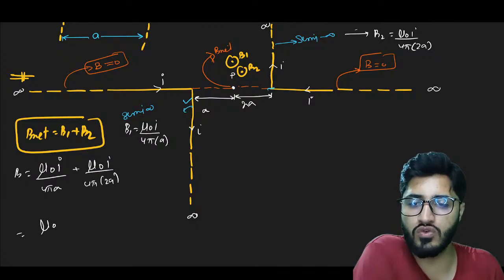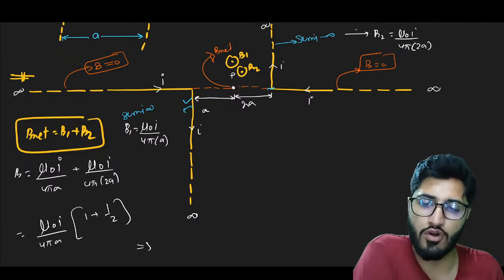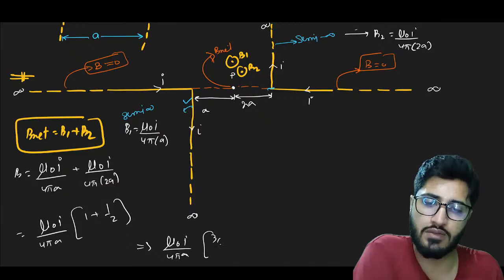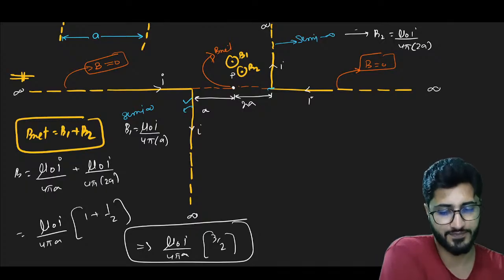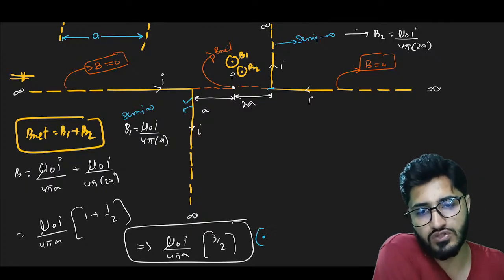I will take mu naught I by 4 pi a common. I have 1 plus 1 by 2. So it came out to be mu naught I divided by 4 pi a times 3 by 2. This would be my answer, and the net resultant would be outwards, dot.